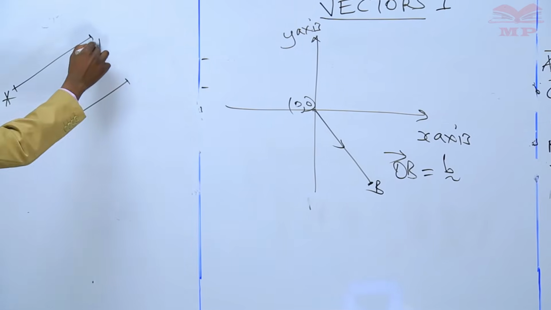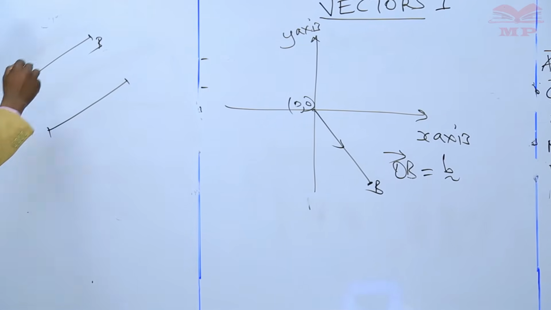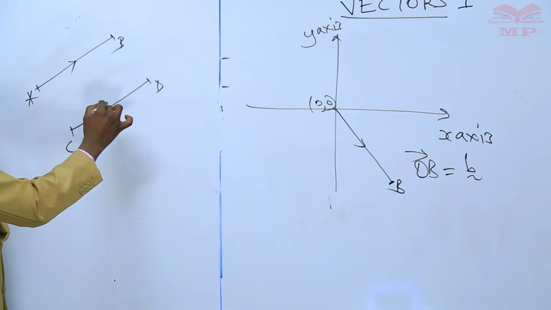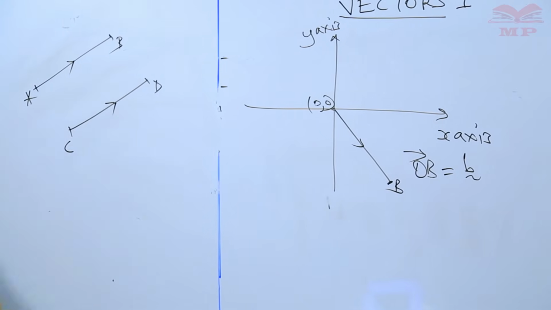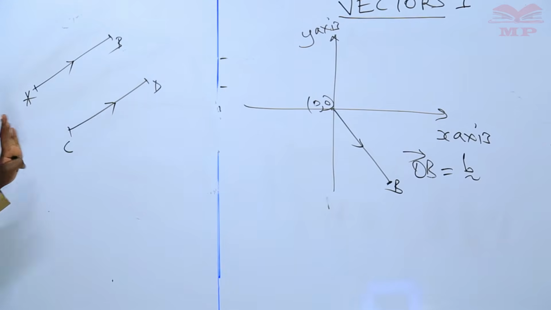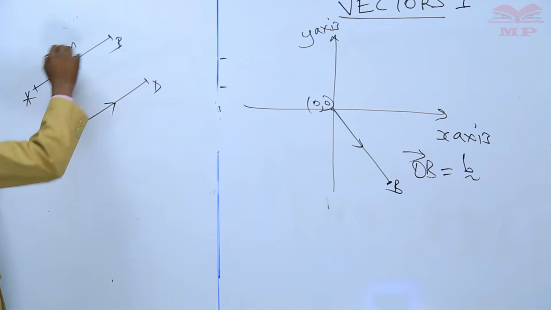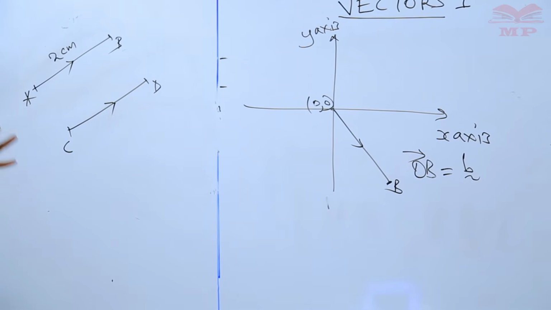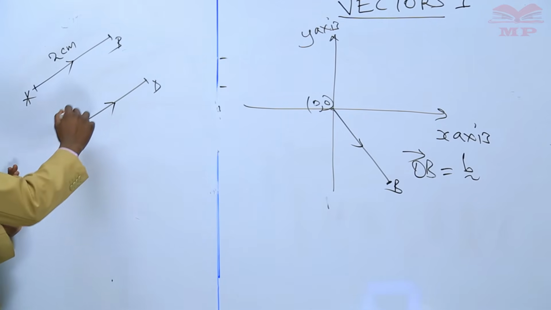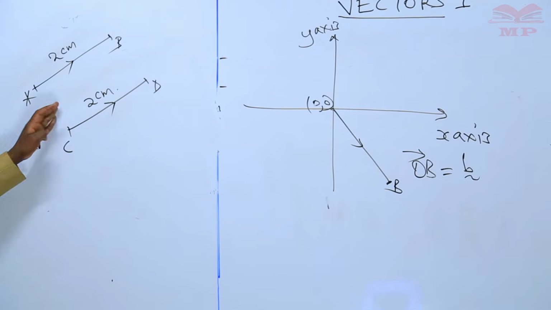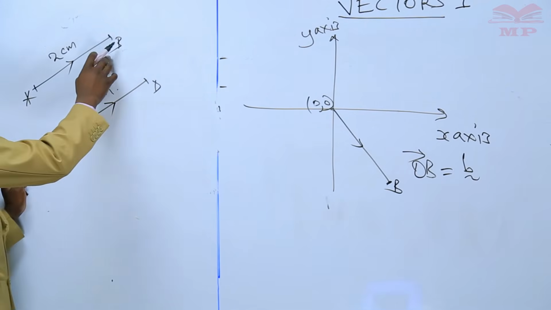So this is vector AB, that is the direction. And we also have vector CD, that is the direction. Suppose we are told that the length AB is 2 centimeters, and the length CD is also 2 centimeters. And then we are told that these two vectors are parallel.